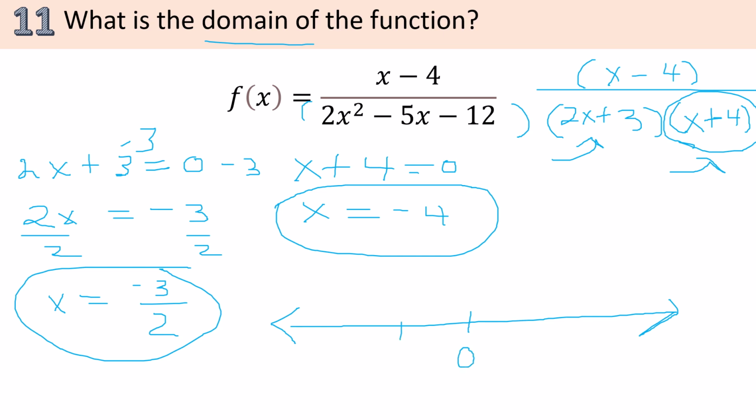If this is 1 and this is 2, this would be negative 1/2, negative 2/2, negative 3/2. Now let's go to the right of 0. I don't know why I circled that in, because that's not going to be part of our graph, just so I wouldn't lose where 0 is. We're going to go to negative 4. So we're going to keep going in this direction. Negative 4 is going to be here somewhere.